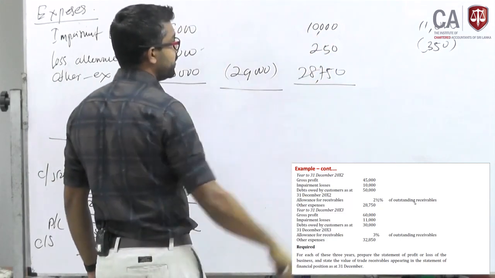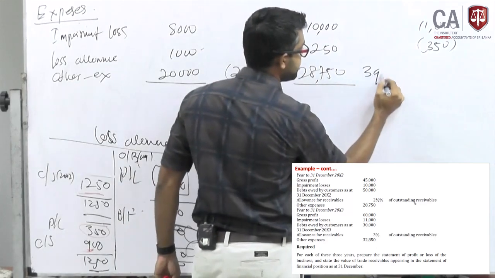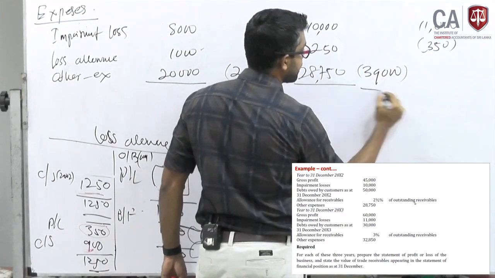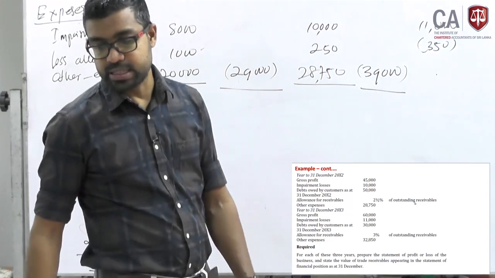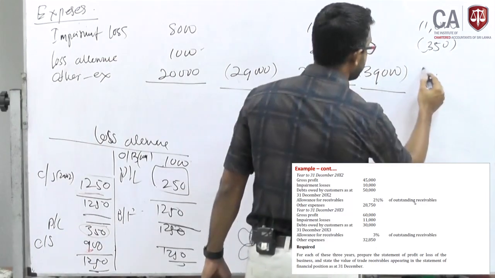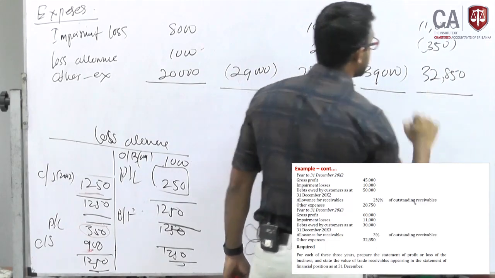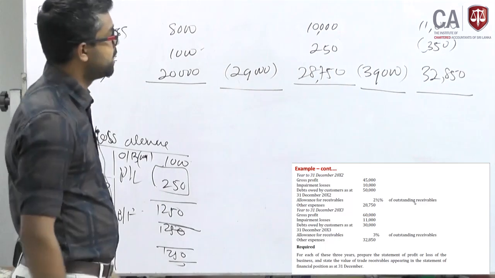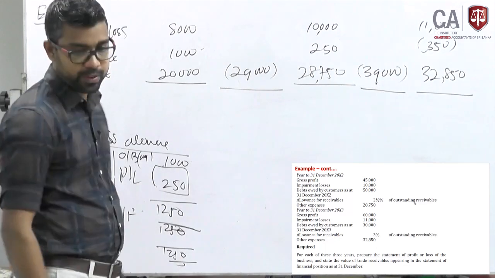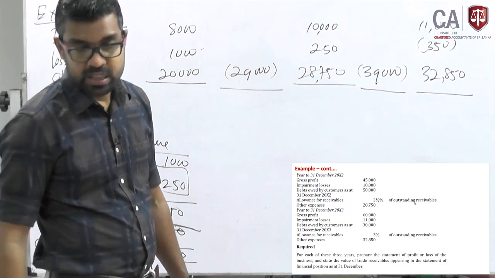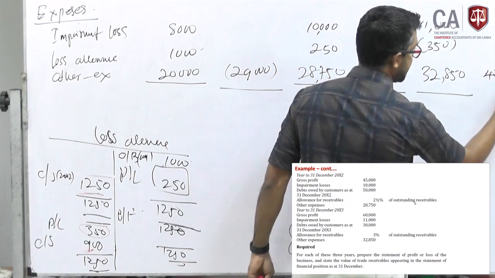So 39,000, right? 39,000. Last year the total expenses 32,850. So then 43,850, and 43,500 when you deduct 350.